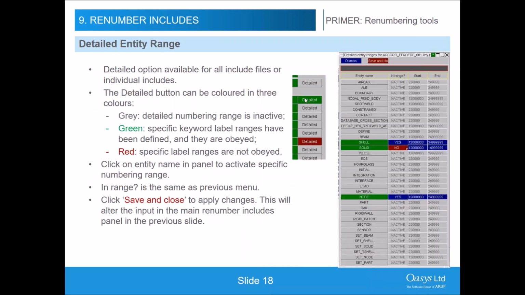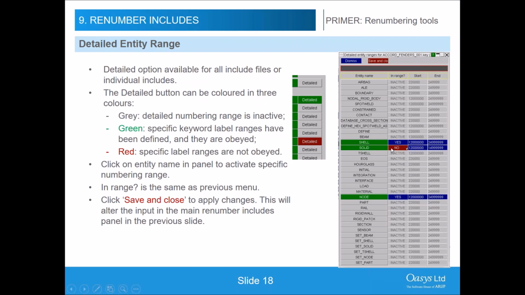For the detail range, if you click on it, this panel will show up on the right. The big panel on the right will have all the entity types. Although you might not necessarily have that entity, you can still prescribe a range to it. In the example there, I've made active the shell, solid, and node, and I've given a range for those 3 types.